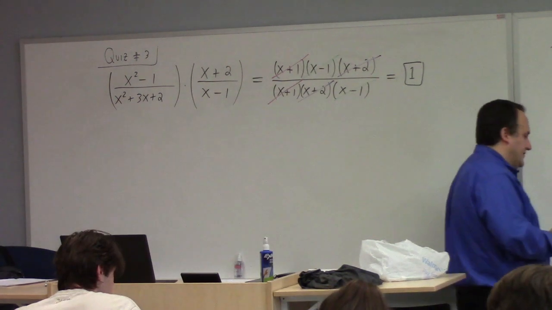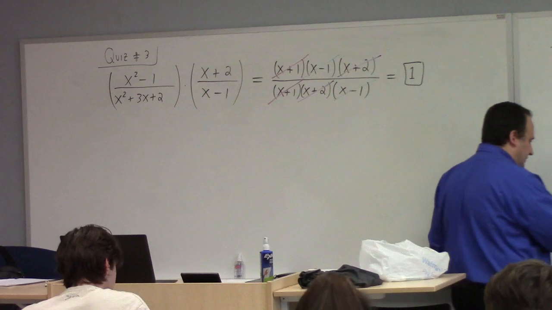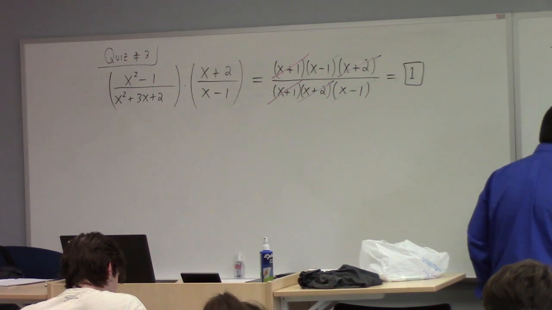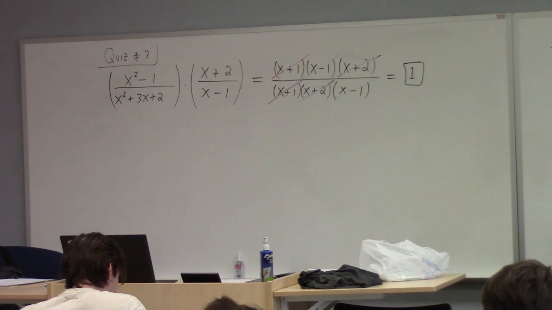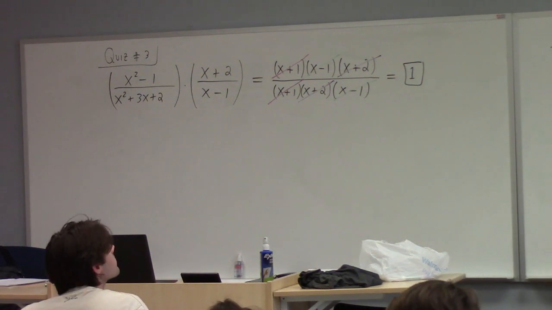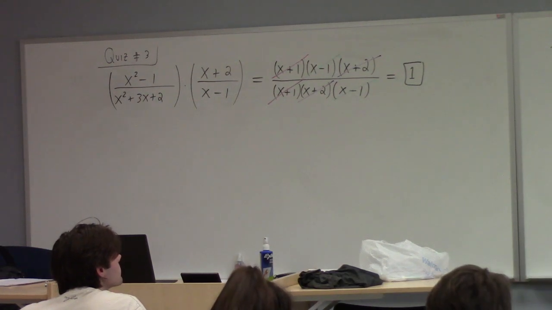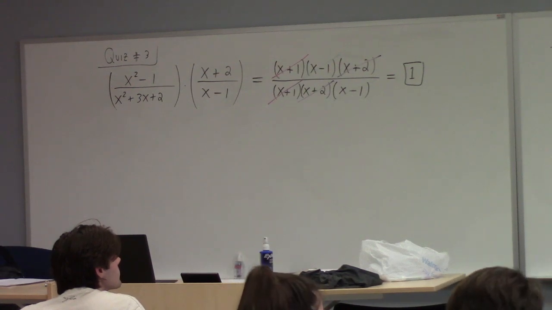Now that does not factor nicely, but we can complete the square. x minus 5 squared minus 25 minus 4, which gives me x minus 5 squared equals 29. So x minus 5 is equal to plus or minus the square root of 29, which is x equals 5 plus or minus the square root of 29.